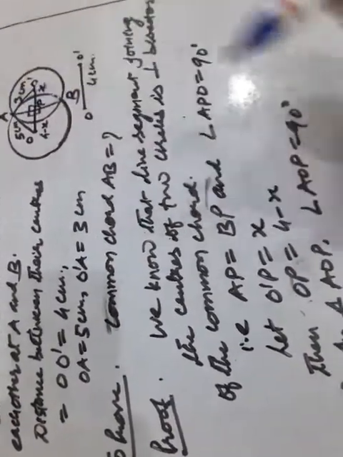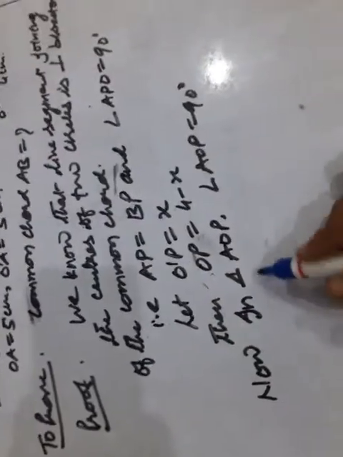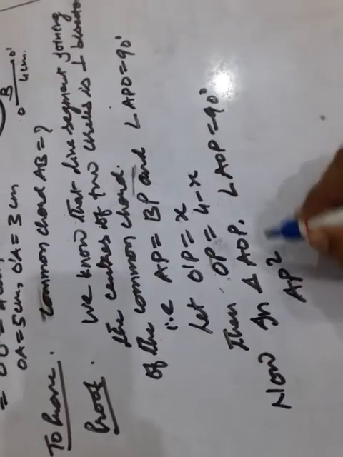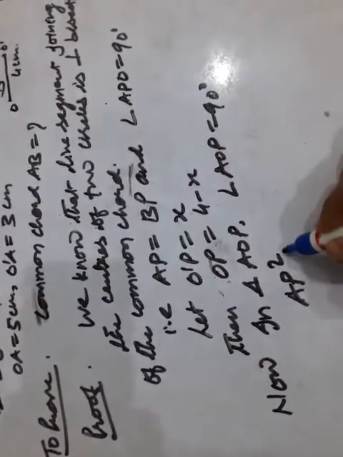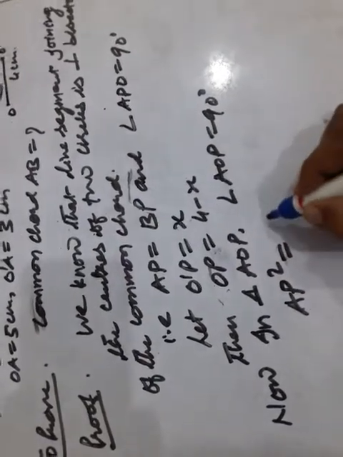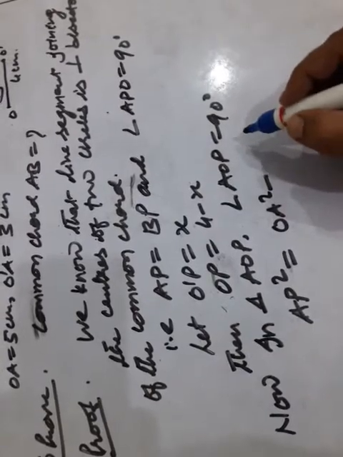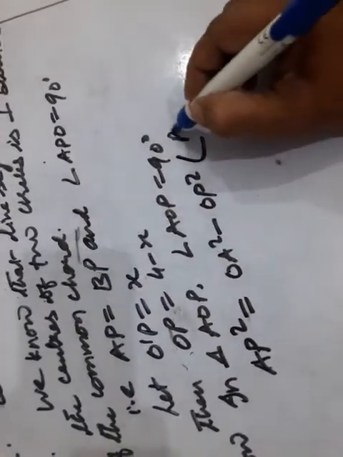So we will first find the distance AP and then make it twice. So in triangle AOP, angle AOP equals 90 degree. This implies AP square, that is perpendicular square, equals hypotenuse square, OA square minus OP square. That is Pythagoras theorem.